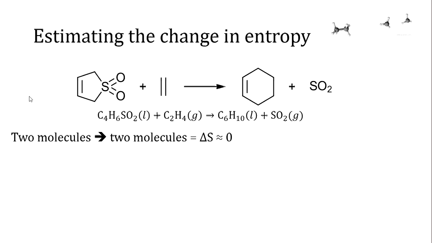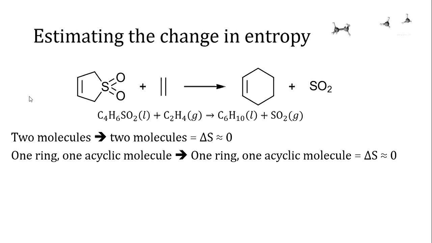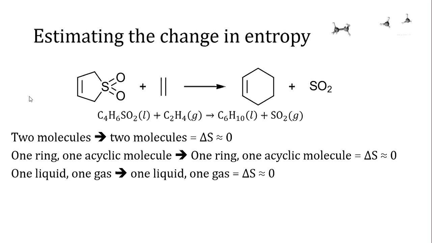So we would estimate that there's not a big change in the entropy. I'm saying delta S is approximately 0 here because delta S is probably not perfectly 0, but we don't have enough information to know whether it's a positive change or a negative change. We're going from one ring and one acyclic molecule on the reactant side to one ring and one acyclic molecule on the product side. Probably not a big change there.